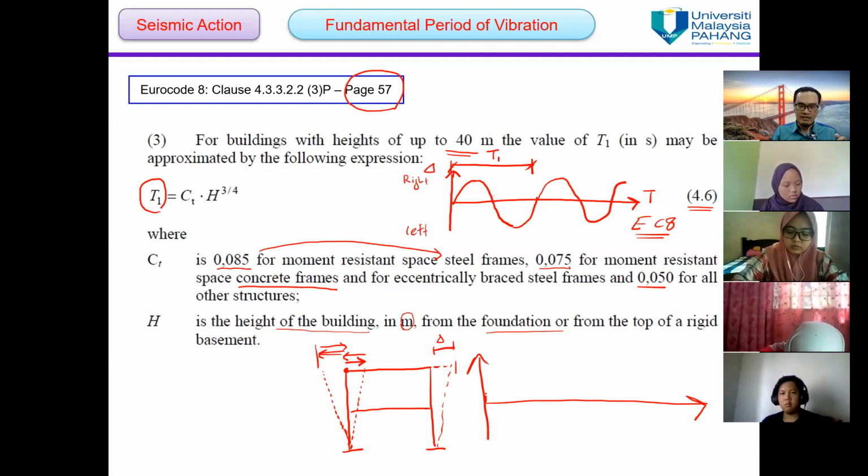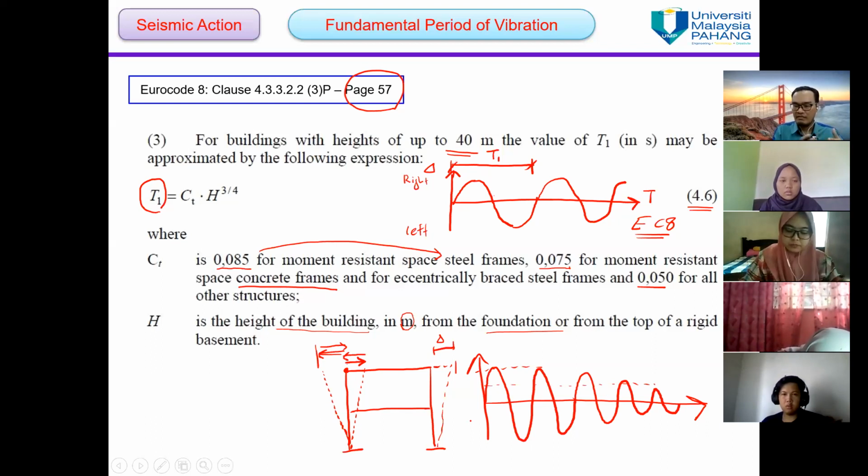Let's say this is one cycle, and then it will still move, but the displacement will become lower. It vibrates and moves until it stops. The displacement will become lower over time. Any question?